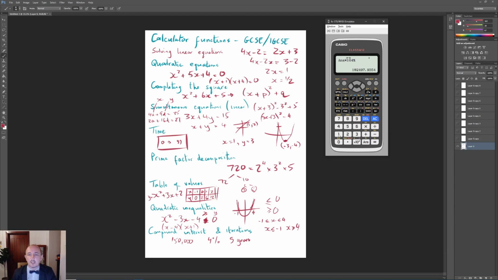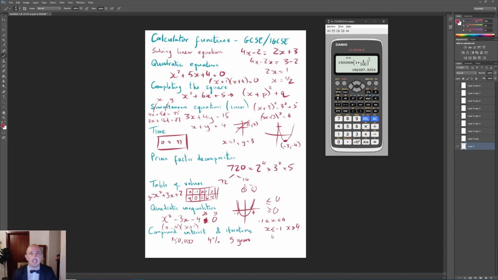Okay, so you can also do the 150,000 times 1 plus 4 over 100, and then raise that to the power of number of years and get the same answer. Okay, but some of you might not remember that one in the exam, so you can just work out 4% each time and add that on using the answer button. And for those of you doing GCSE, you can use this for iterations as well.